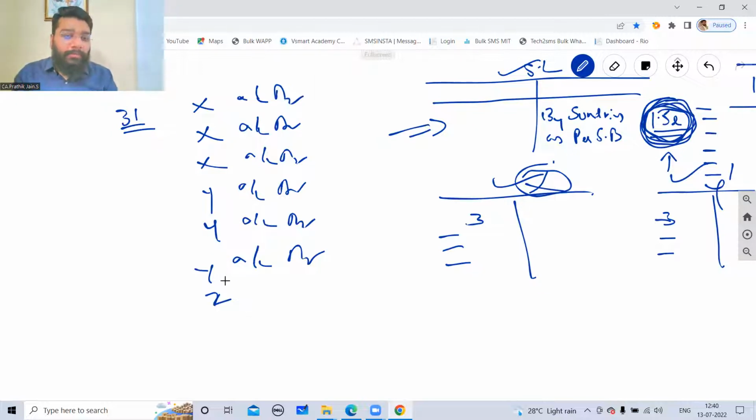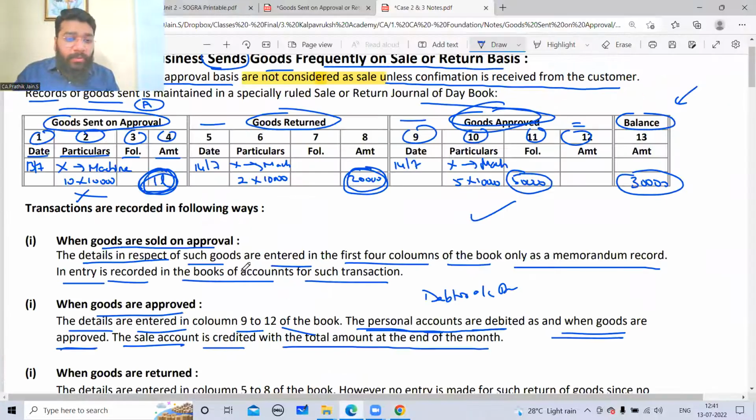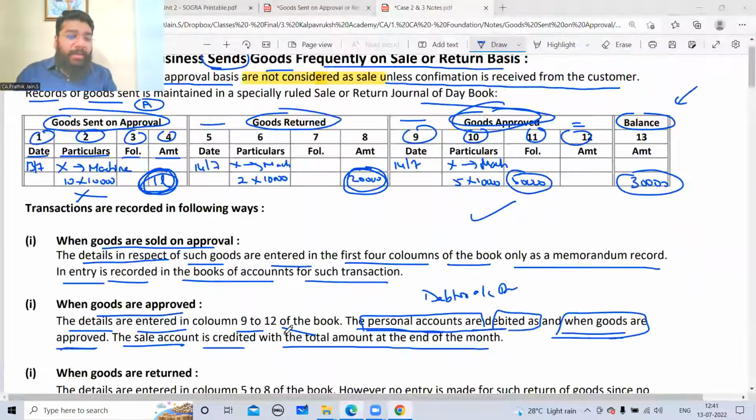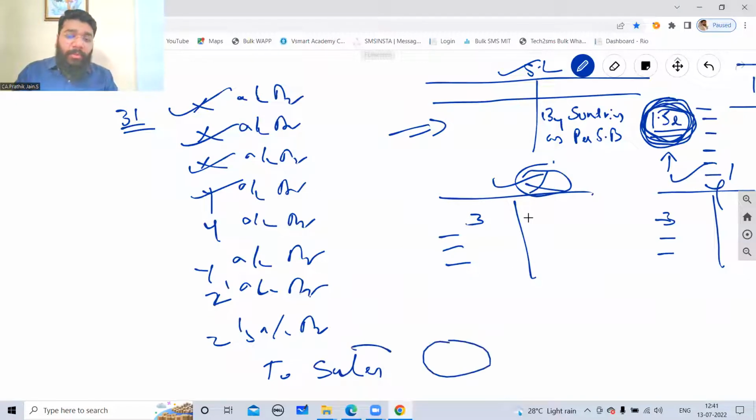Z account debit, Z account debit, to sales. So what did you do? The personal accounts are debited as and when the goods are approved, and the sale account is credited with the total amount at the end of the month.